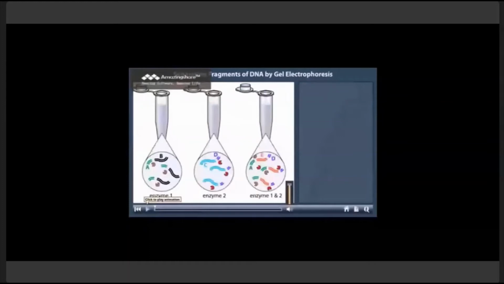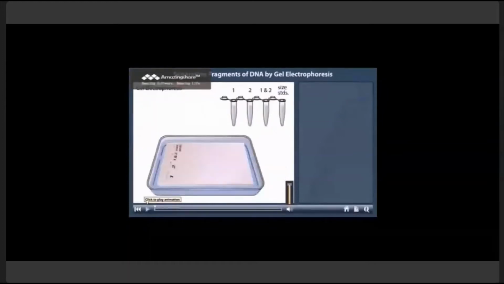In this technique, a jello-like slab is placed in a buffer solution and hooked up to positive and negative electrodes. The DNA solutions with blue dye are then pipetted into the wells. A well is also reserved for the placement of a DNA ladder.